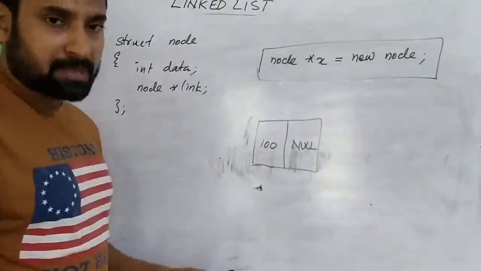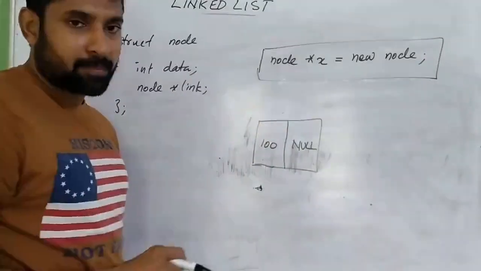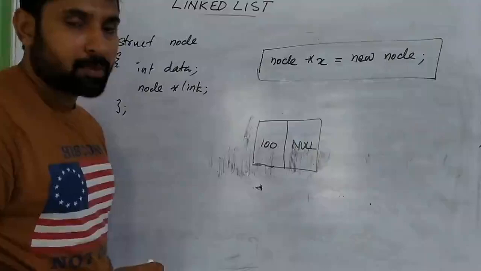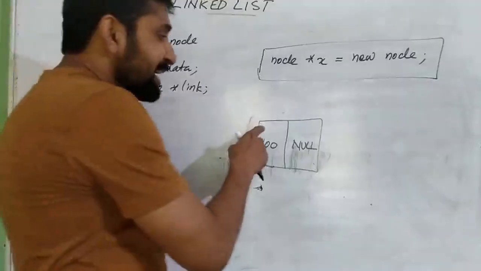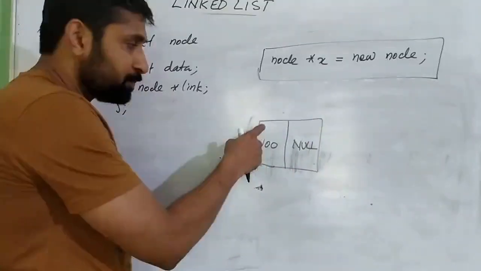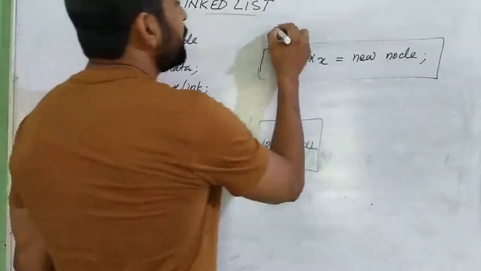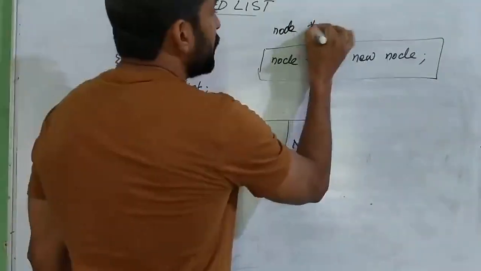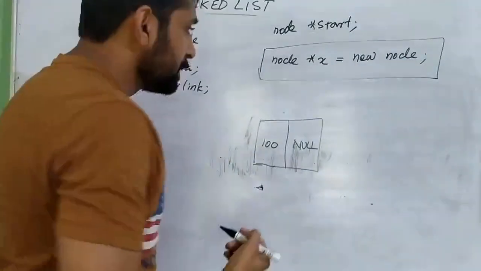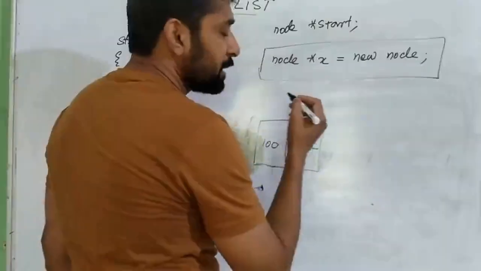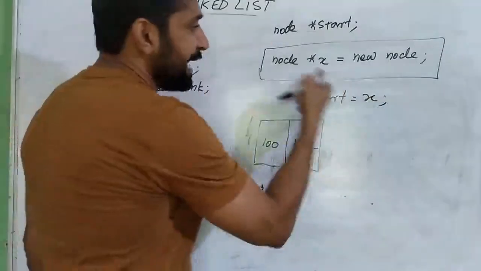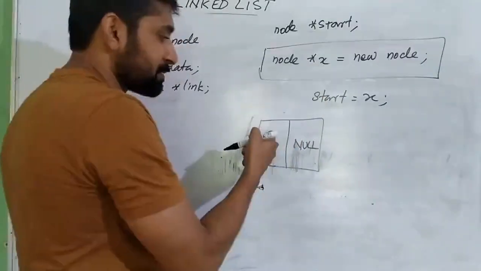Now the third step is, if this is the first node, we are creating a linked list. If this is the first node, what we have to do is assign the address of this to start. So we have a pointer called start here. We make a statement like this, start = x, because x is another pointer, x contains the address of this.